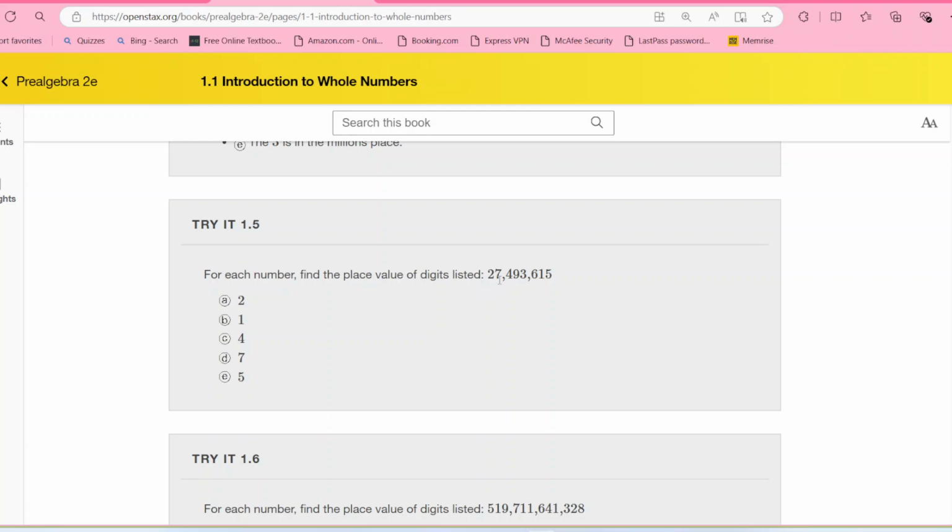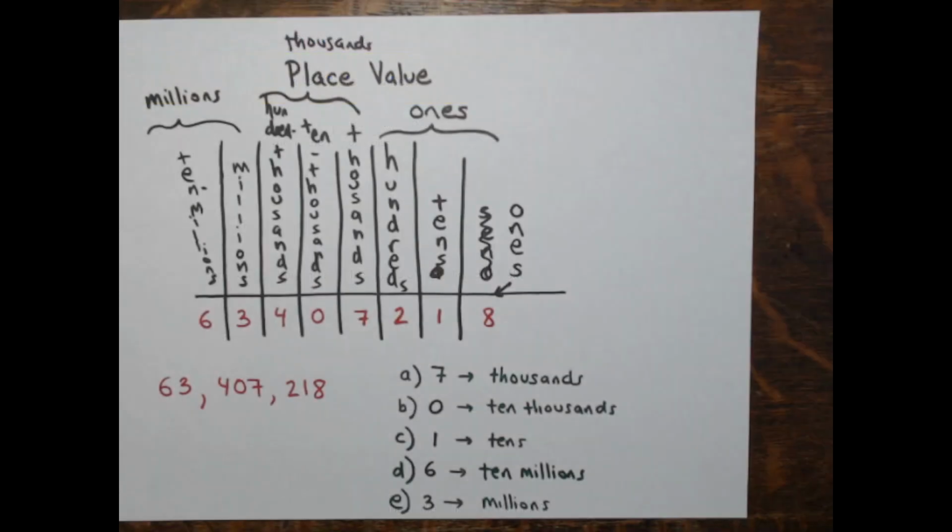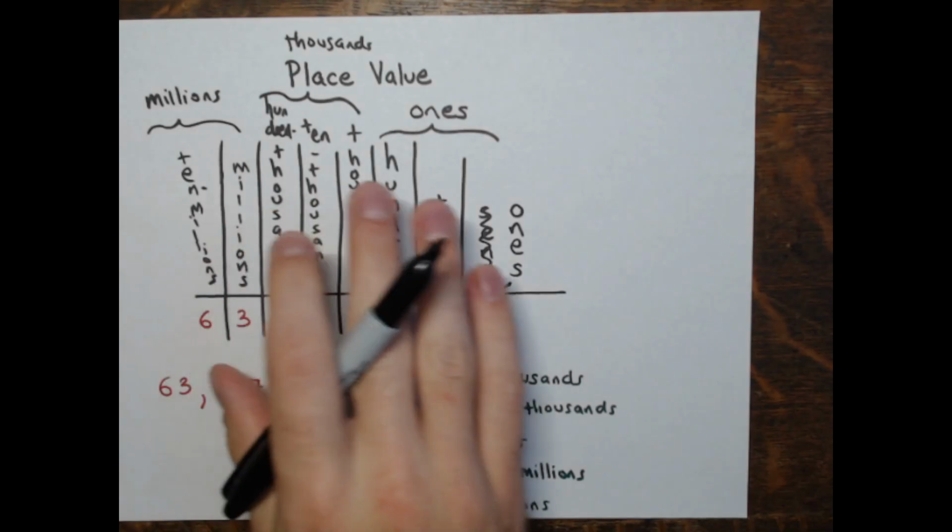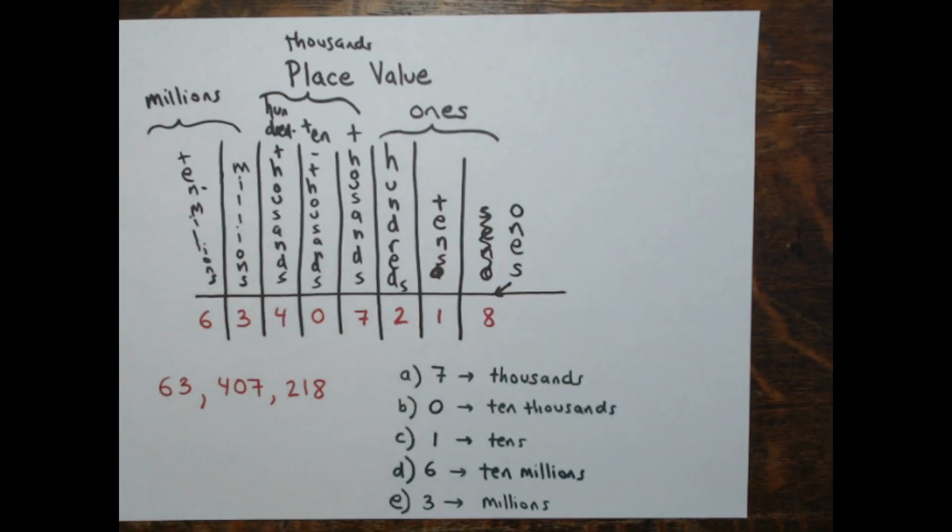So again, it goes by period. This is 27,493,615. But once again, let's write this number out. This time I won't do a whole big chart with the lines.